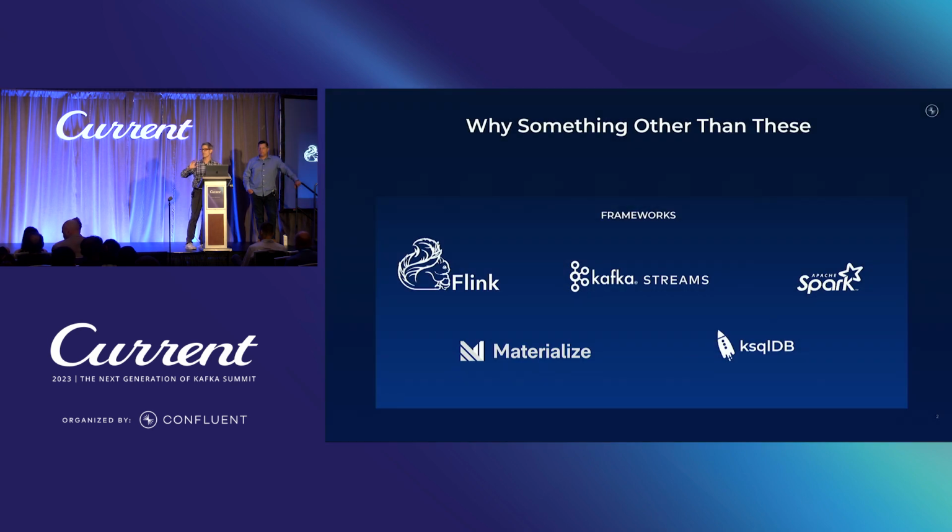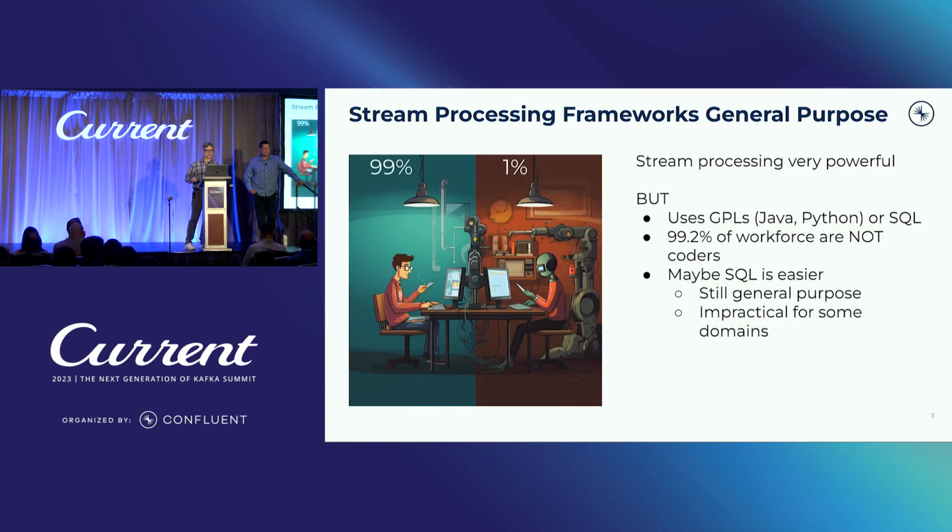Why would you bother to create a streaming rules engine when there are so many cool and powerful stream processing frameworks out there? There are a number of reasons. The first is that while all those stream processing frameworks are awesome, they're all general purpose, built to support any domain, tackle any sort of problem.